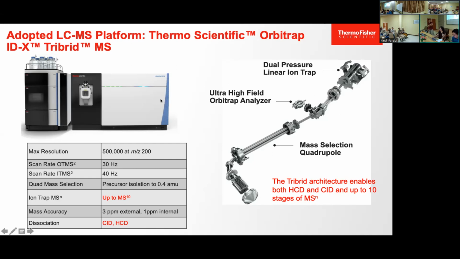The ion trap can do fragmentation up to MS10. With this type of technology, the resolution is up to 500,000, so you have a few options that you can run at 50,000, 100,000, 200,000. The rest is actually the fragmentation, up to MS10. There are different dissociation types: collision-induced dissociation and high-energy collision dissociation. Next.